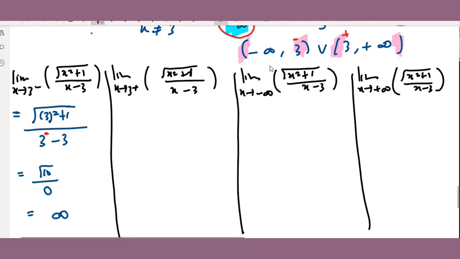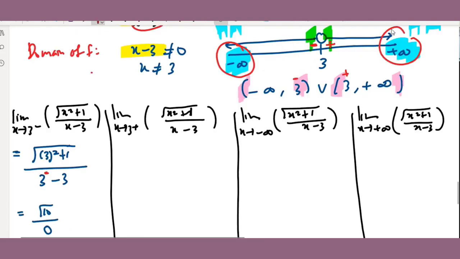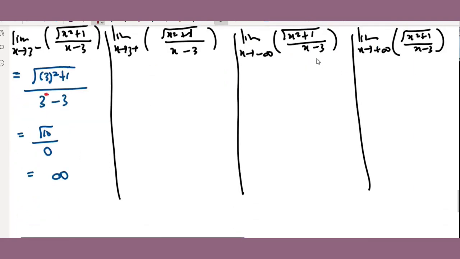How to check: use the number line, with 3 and the left side, numbers like 2.999, 2.99. Substitute 2.99: 2.99 minus 3 is less than 3 minus 3, so it is just negative.